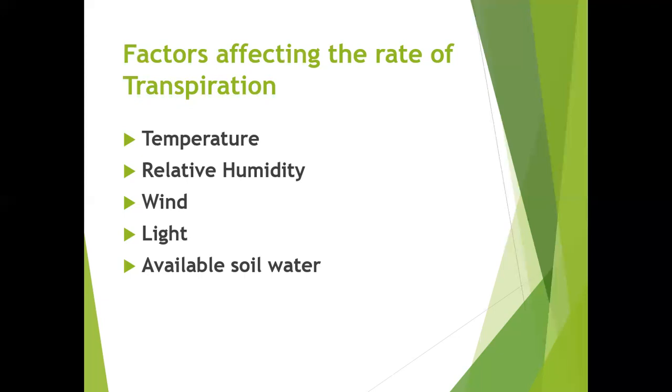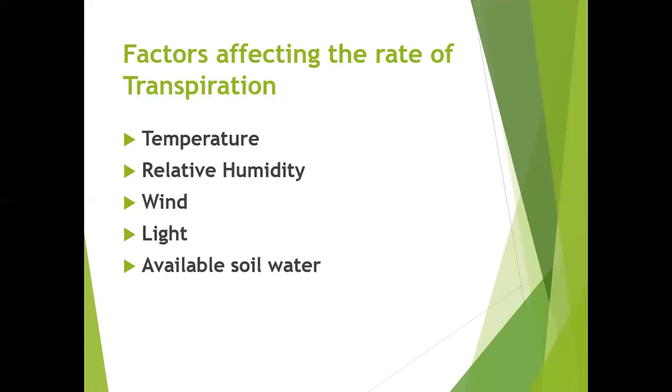The dry air carries away more water than the saturated air because it is already laden with moisture. This is the way the loss of water by transpiration is very little in rains. The higher the humidity of air, the lower the rate of transpiration.